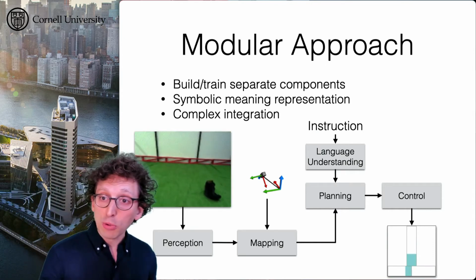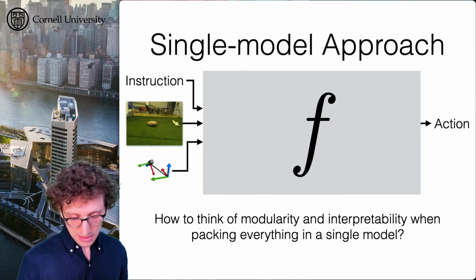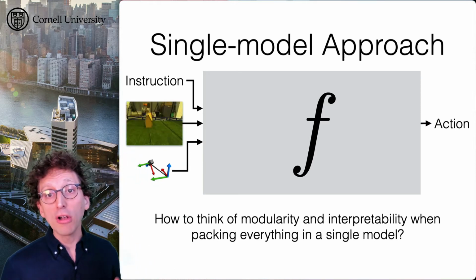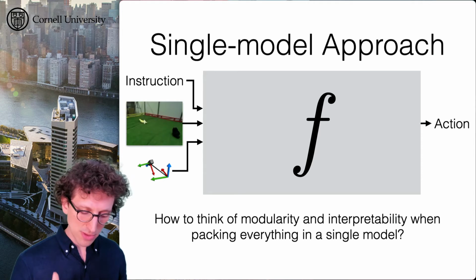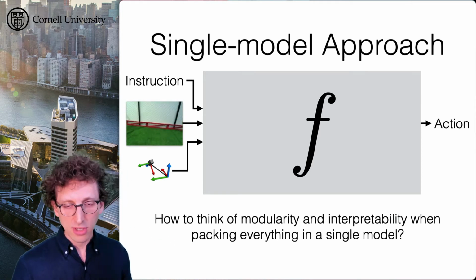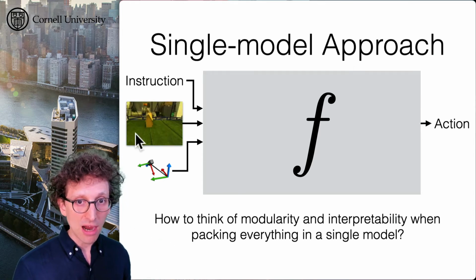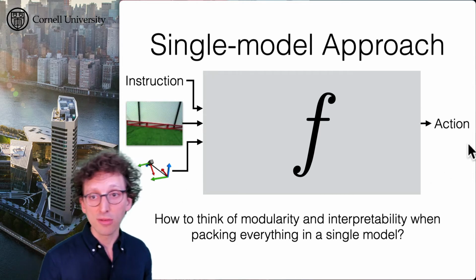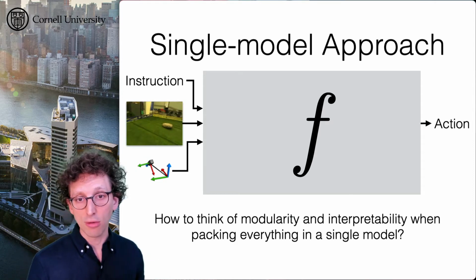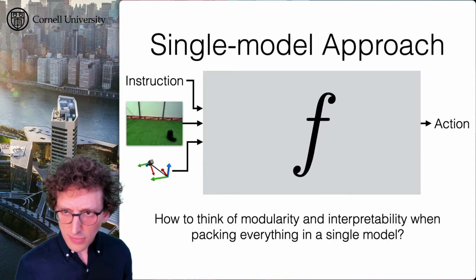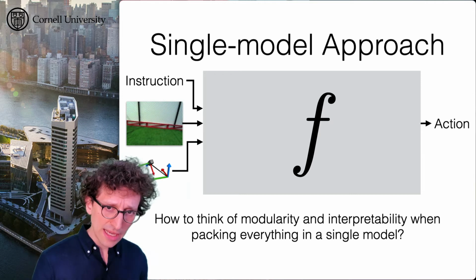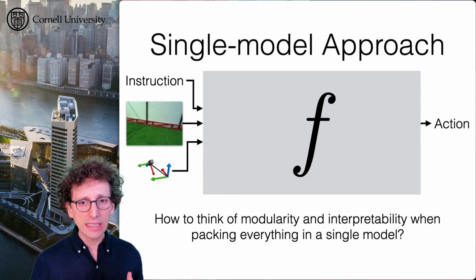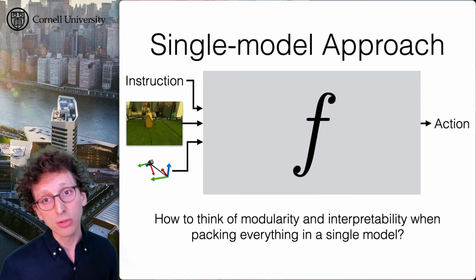So what we propose instead is a much more learning-based approach, where the goal is to learn a single model that maps directly from the inputs, the instructions, the RGB inputs from the camera and the pose estimates, all the way into these configuration updates, so these two real numbers or the stop action. And one of the key questions that we think about as we design this model is how can we rethink modularity and interpretability when we pack everything into a single model?